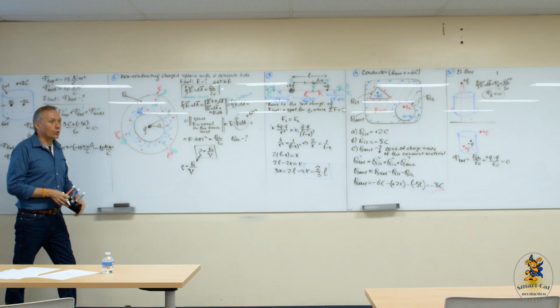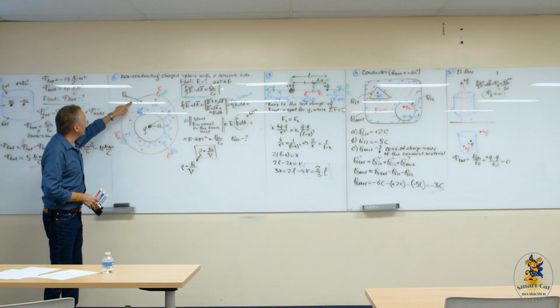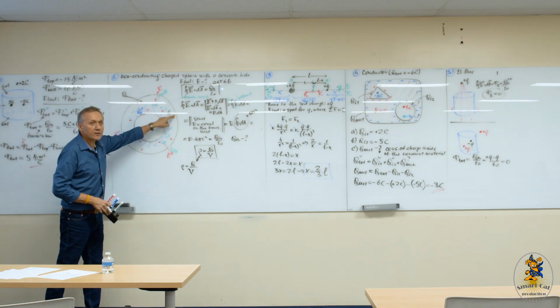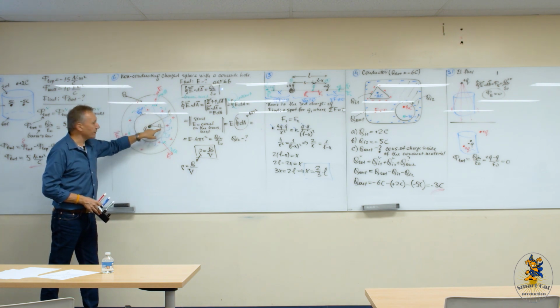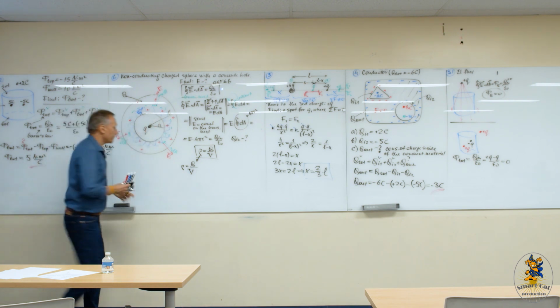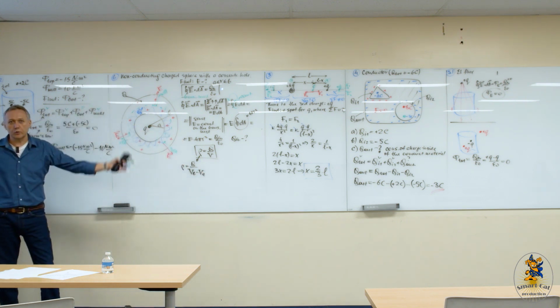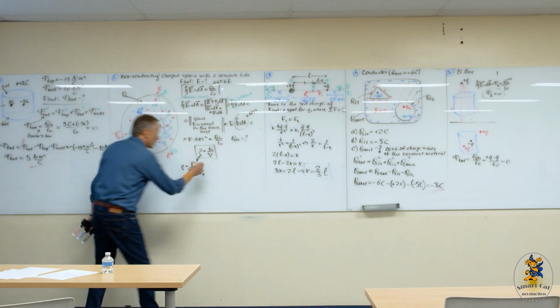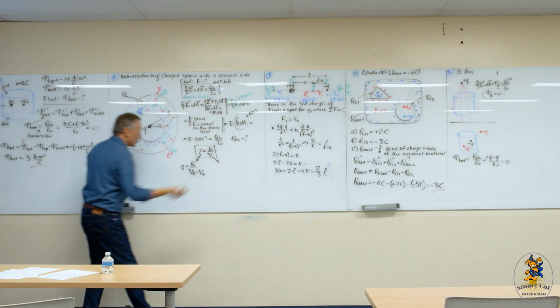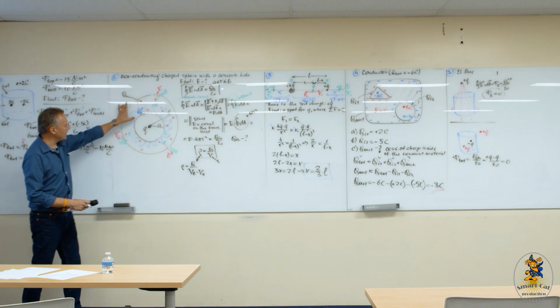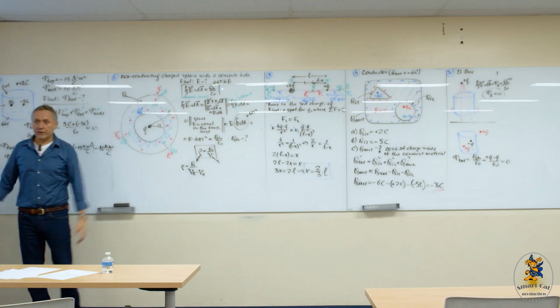Yes, we need to subtract the hole. So we need to take the volume of the sphere with radius B and subtract the volume of the sphere with radius A. I can write it using subscripts: V_B minus V_A, or you can use whatever notation you want. So it's the total amount of charge I use, because that is distributed over this sphere with the hole.